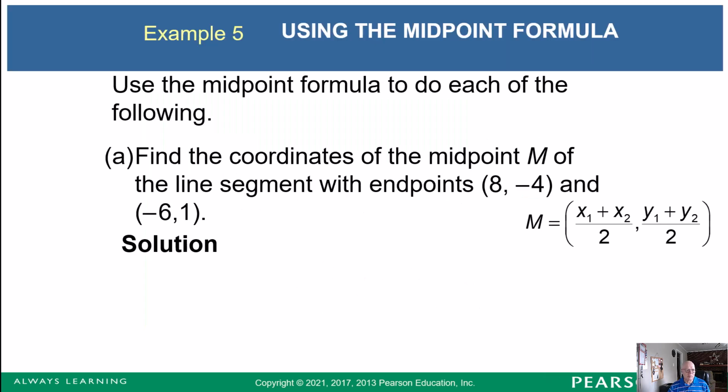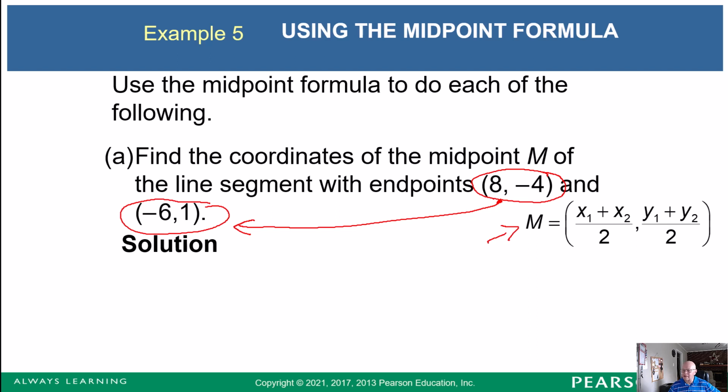So let's take an example here. We've got two points, and just imagine that you're traveling from this point to that point. Where would you be halfway? Here's the midpoint formula. Add the x coordinates, divide by 2.